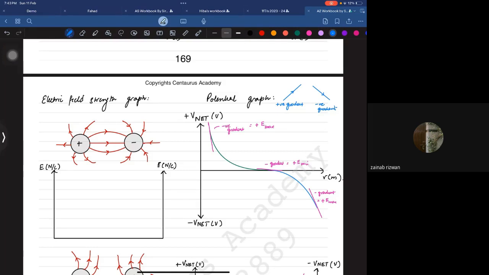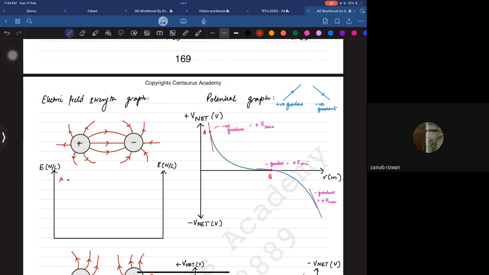Okay. A maximum value of electric field strength can be drawn, let's suppose, here, because it's higher, right? Get it? So if I say this is point A, then at point B, you might see you have a negative gradient, but it is not as slopey as before.